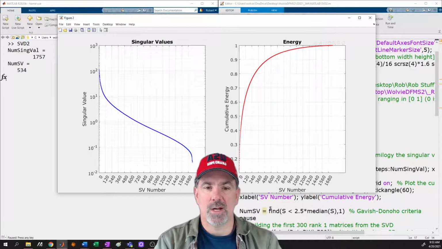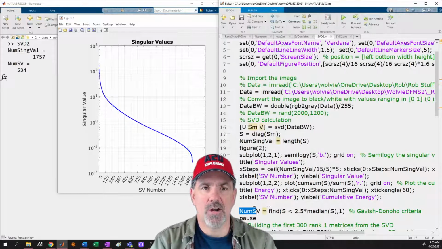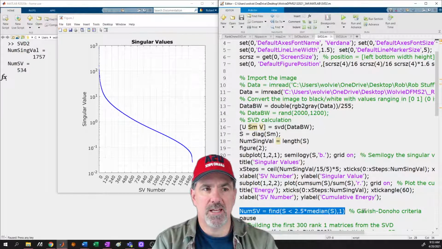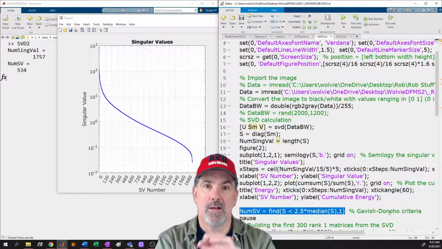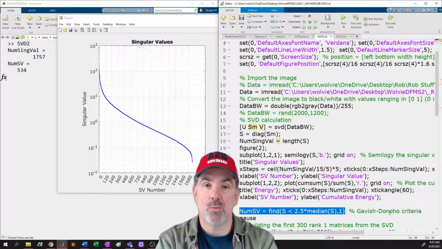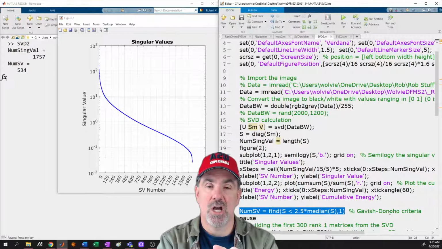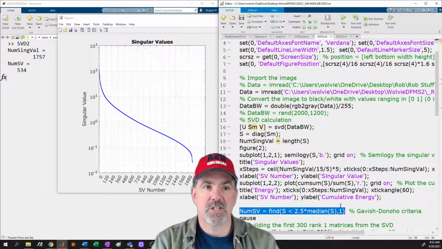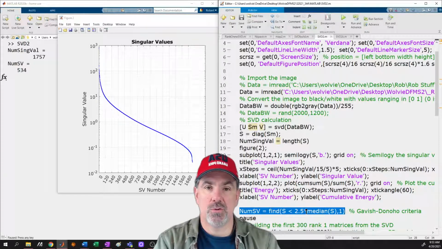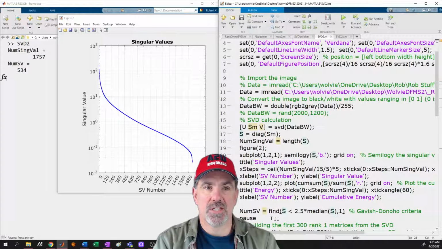Right down here under number of singular values, I have used the Gavish-Donoho criteria in order to select the number of singular values. Professor Brunton in his video references the paper by Gavish and Donoho, which gives us some indication as to how many of the singular values we want to keep. And this is the command that is doing that.